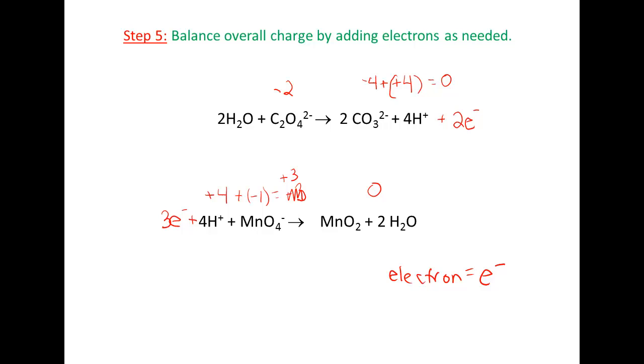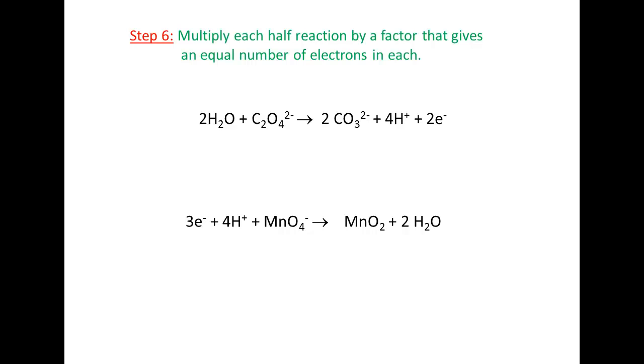Our next step, step 6: now we have our 2 reactions, and we're going to multiply each half reaction by a factor that gives an equal number of electrons in each. Basically, we want the same number of electrons. In the top reaction, we're giving up 2 electrons. In the bottom reaction, we're accepting 3 electrons.